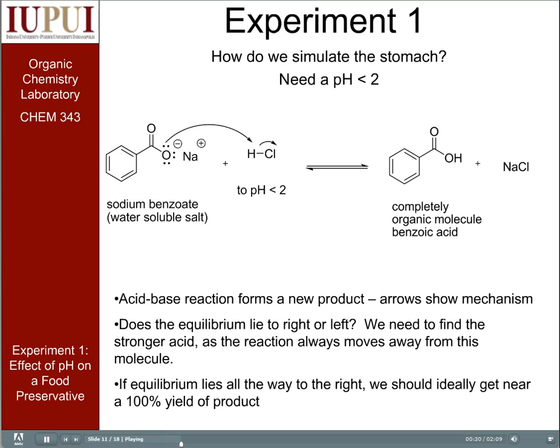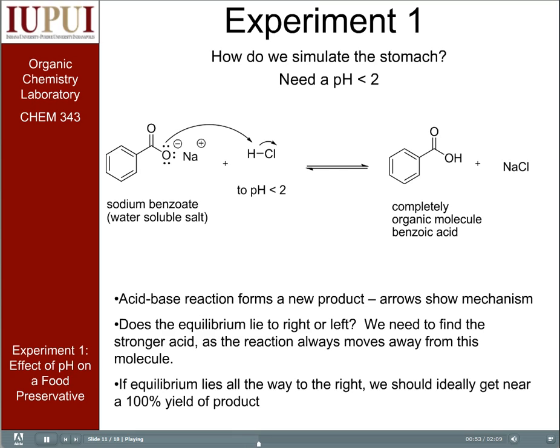If we were to simulate sodium benzoate in your stomach, we're going to use hydrochloric acid in place of that. What we see, in this reaction on the screen, is that sodium benzoate when mixed with HCl below pH 2 is going to lead to a conjugate acid and conjugate base.